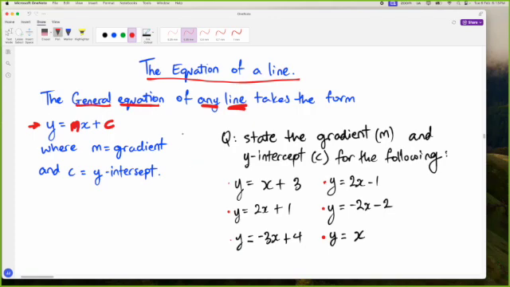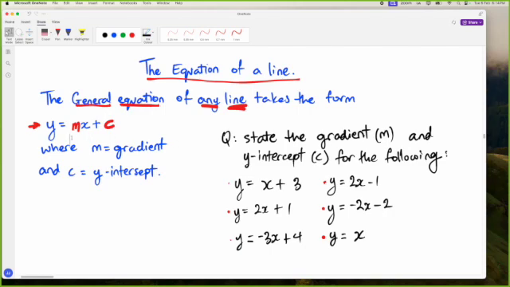You must know this form. mx, that is a number m that is being multiplied by x. So the number that is multiplied by x, we call that m. And then you have a number that is added, we call that c. These 2 numbers have very special roles to play.